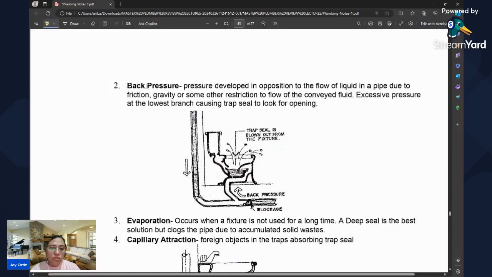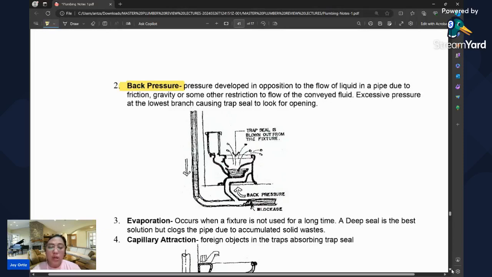So we have also the back pressure. It's a pressure developed in opposition to the flow of a liquid in a pipe due to friction, gravity, or some other restrictions to flow of the conveyed fluid. Excessive pressure at the lowest branch causing a trap seal to look for opening. So, here's the back pressure and there's a blockage, kung bakit may barado.